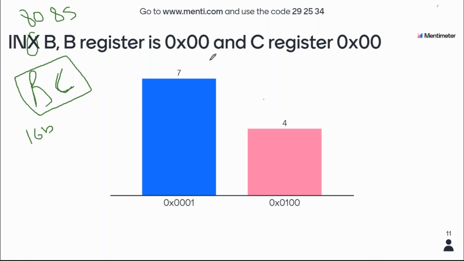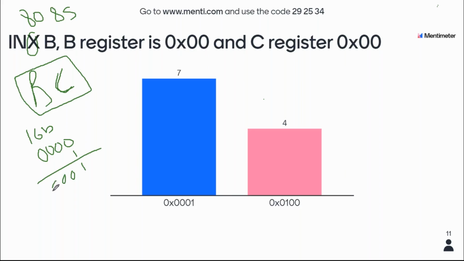So if I have B as 0, C as 0, then the value is 0000. If I add 1 to it, then it becomes 0001.